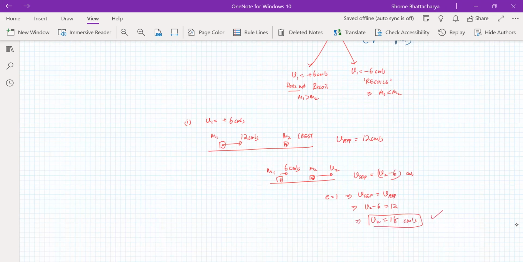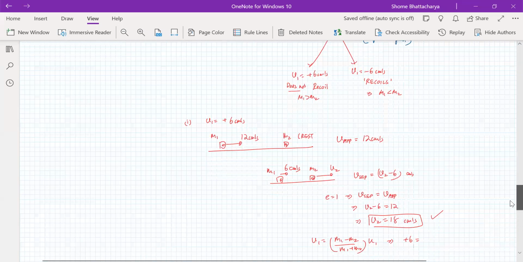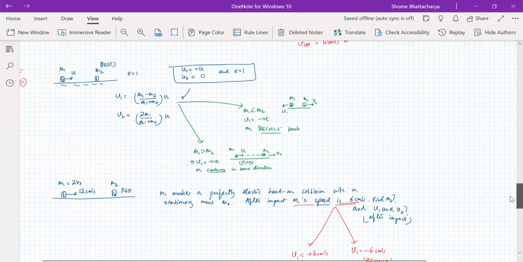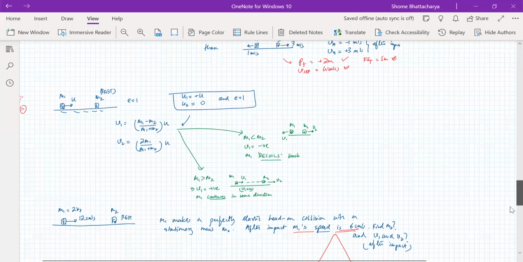Okay. And also V1 is (M1 minus M2) upon (M1 plus M2) times U in this case. So plus 6 is equal to, now how much was our M1? Two kgs.